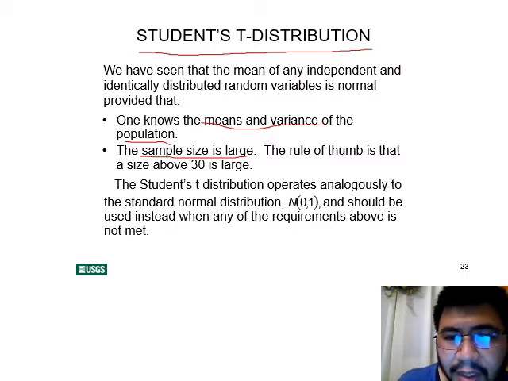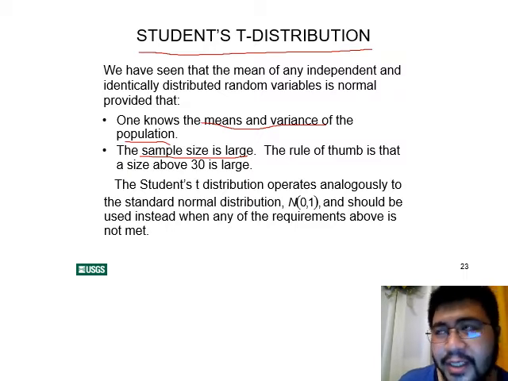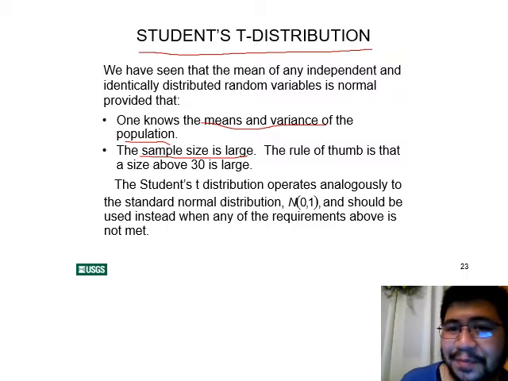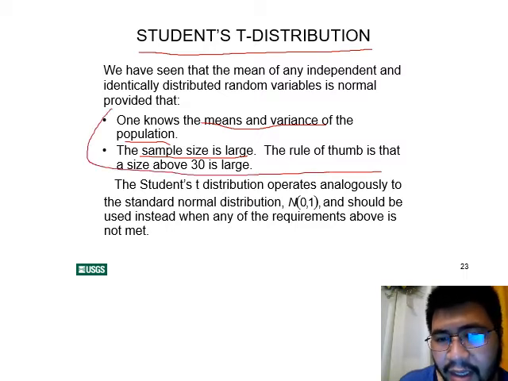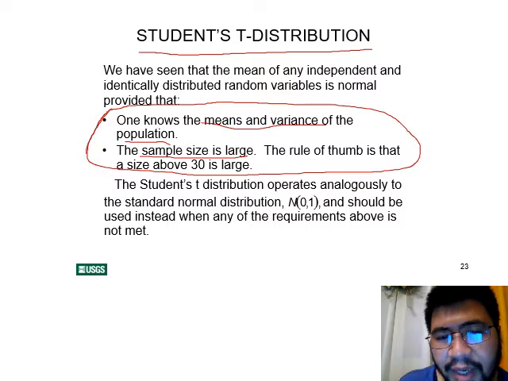Okay? So basically, this is just like a Gaussian distribution, but with some special features that allow us to work with data that has very limited information.